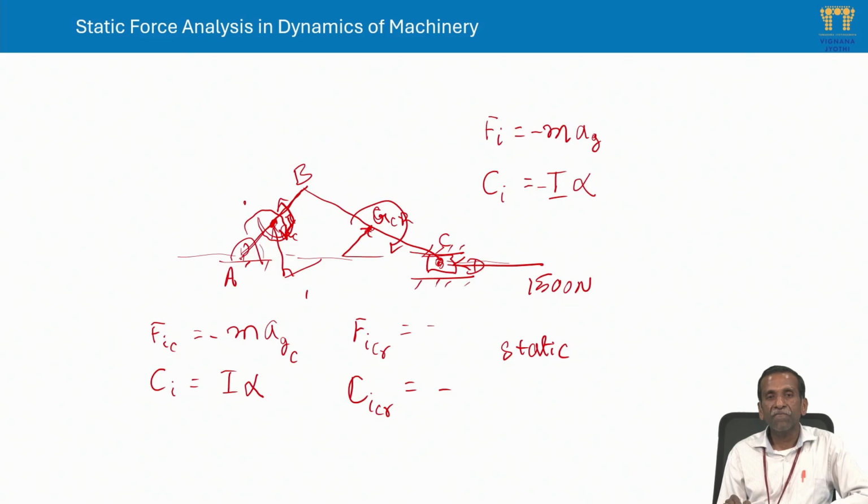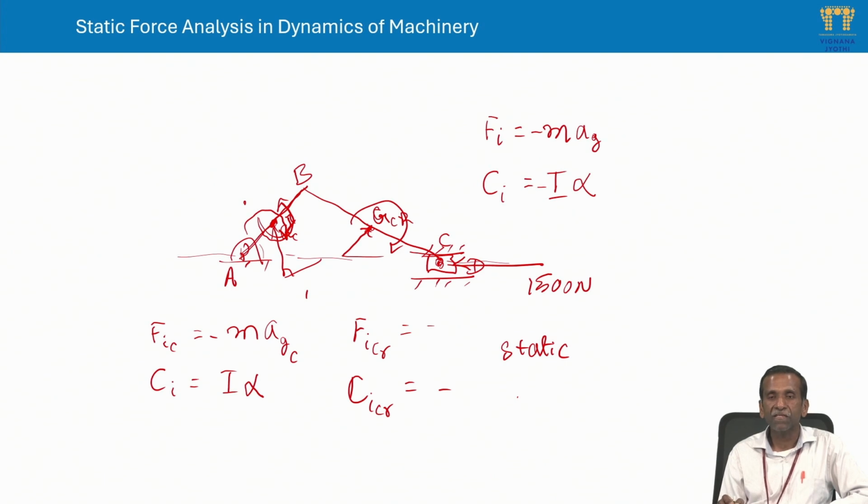But in dynamic force analysis, apart from applied forces, you need to estimate inertia forces and inertia couples of each link by locating the mass centers of the links as midpoints, as we just discussed. Then you can find the input torque required on the crank so that the system maintains equilibrium. This is about the dynamic force analysis problem.